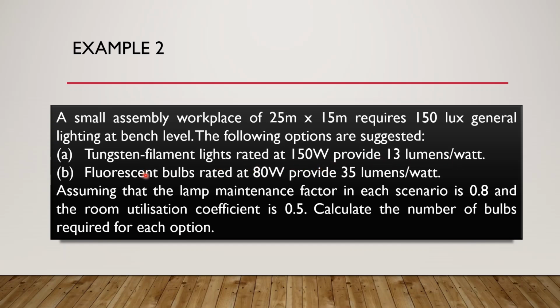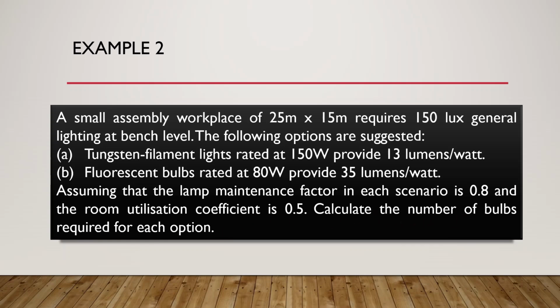Option B, fluorescent bulbs rated at 80 watts, which provide 35 lumen per watt. The question now is, assuming that the lamp maintenance factor in each scenario is 0.8 and the room utilization coefficient is 0.5, so this room must be either a dirty room or very unclean room, calculate the number of bulbs required for each option.